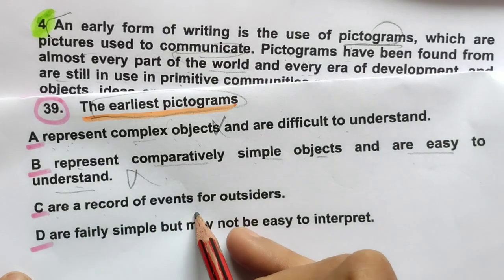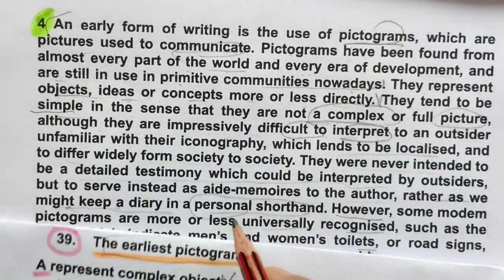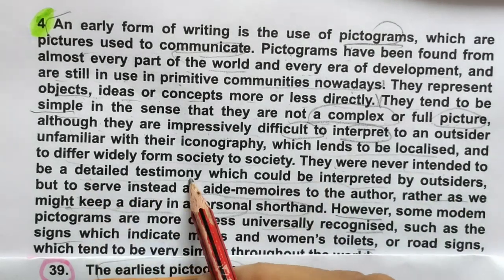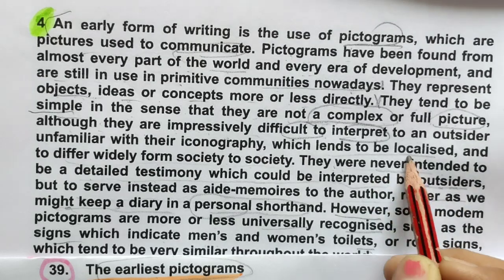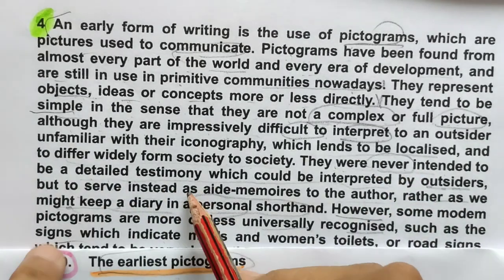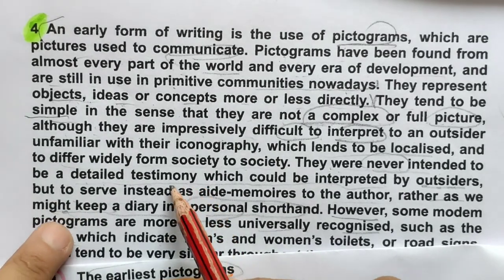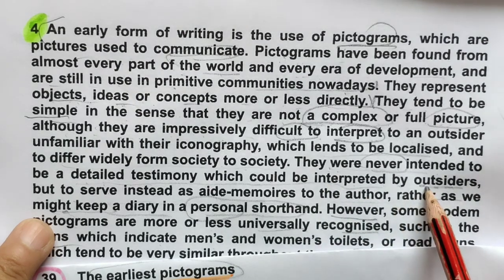Are a record of events for outsiders. Now let's read it. Record of events for outsiders. They were never intended to be a detailed testimony. Testimony means some example kind of thing. You can just take it as something which could be interpreted by outsiders.